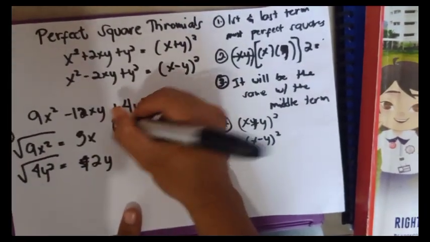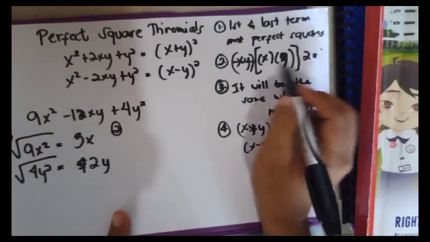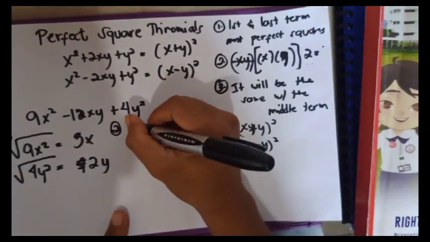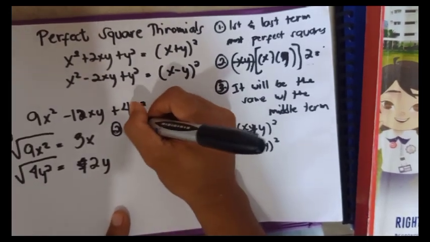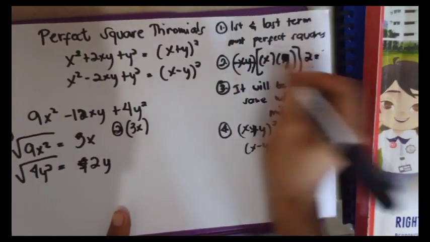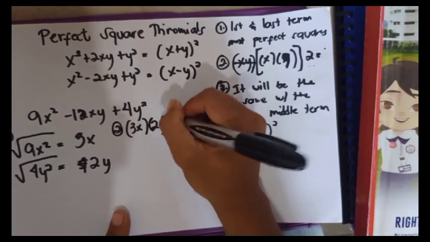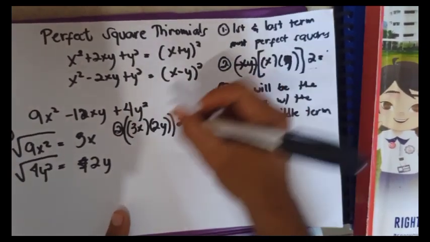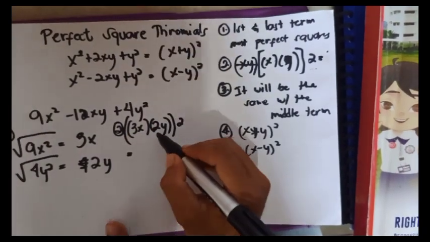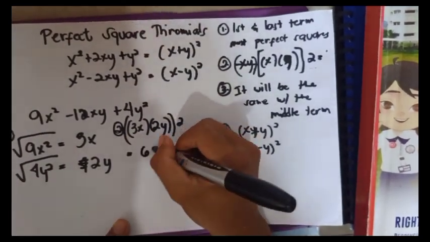Second step is multiply the positive square roots. We have the positive square root 3x times 2y. Then times 2 is equal to 3x times 2y, it's 6xy.